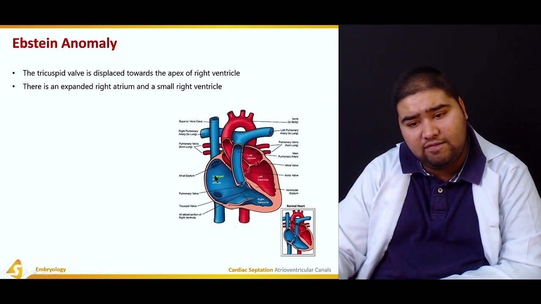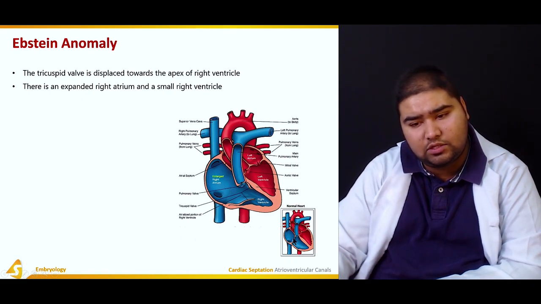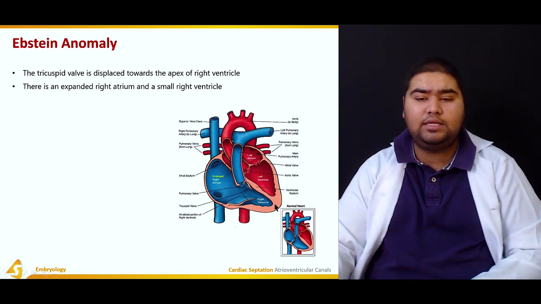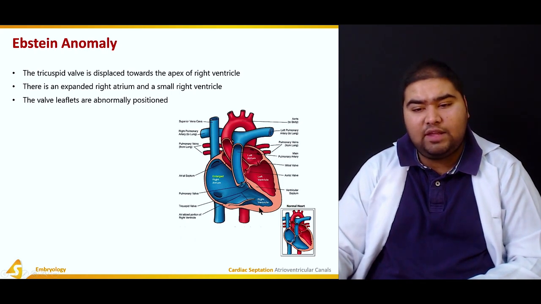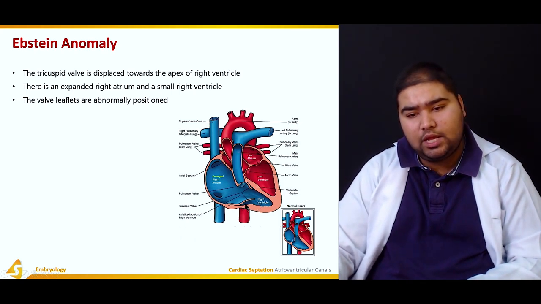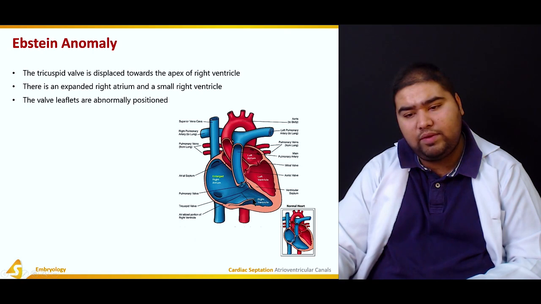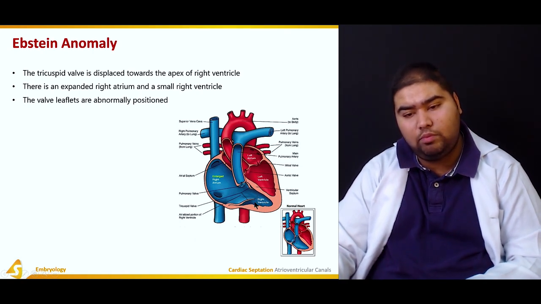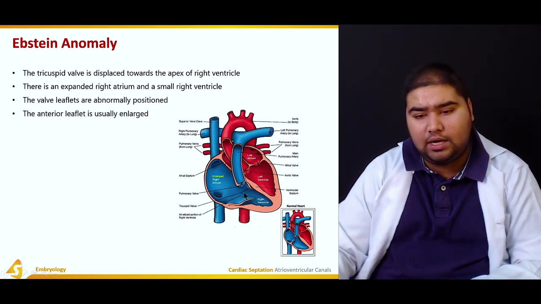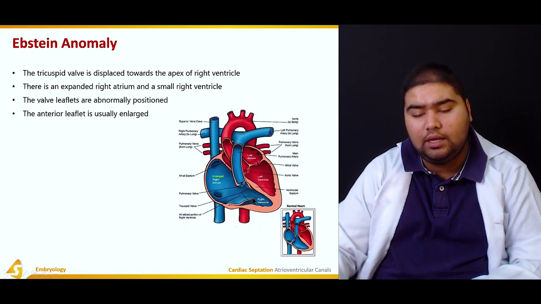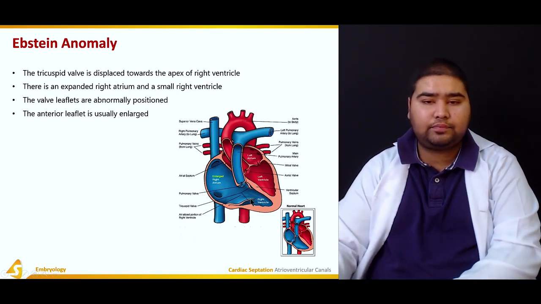Here you can see a very expanded right atrium. This is the normal size of the right atrium, and this is a very expanded right atrium and a small right ventricle. The valve leaflets are abnormally positioned. Here you can see the abnormal positioning of the valve leaflets. This is the normal positioning, and this is the abnormal positioning. So the anterior leaflet is usually enlarged. Here you can see the enlarged anterior leaflet.